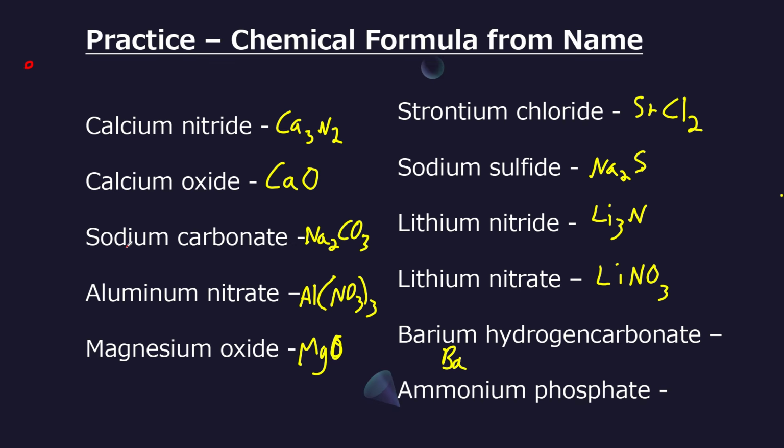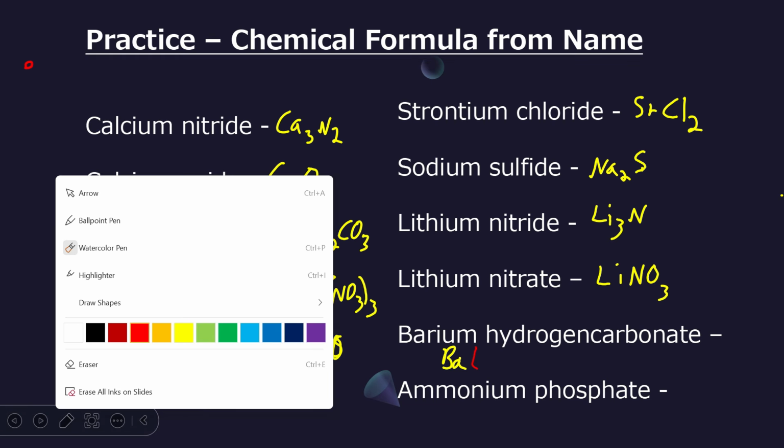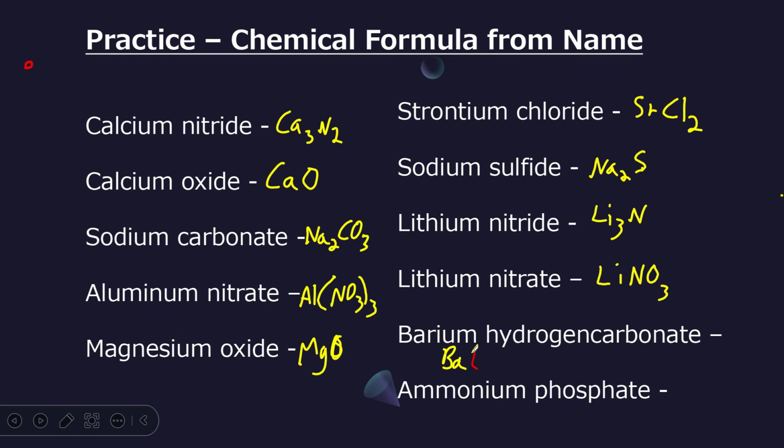Okay, so this is going to require 2 hydrogen carbonate groups. They're 1 minus each to balance out barium's 2 plus. Oh, let me get yellow again. HCO3, 2 of those in brackets.